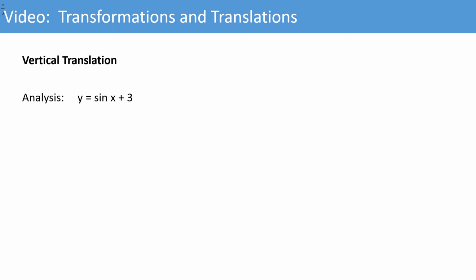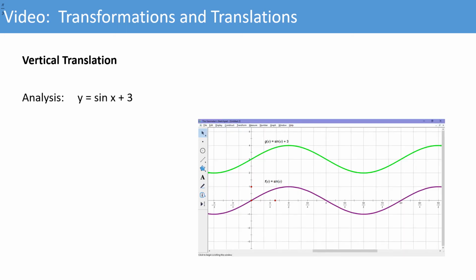Now, let's look more closely at the graph y equals sine x plus 3. The green graph indicates y equals sine x plus 3, and the dark blue, purplish color, indicates y equals sine x. What has changed in the graph? The value of c is now 3, as we can tell from its position in the equation.